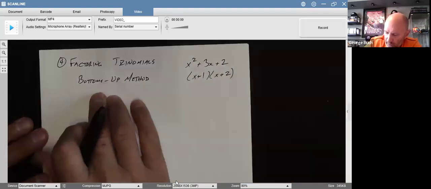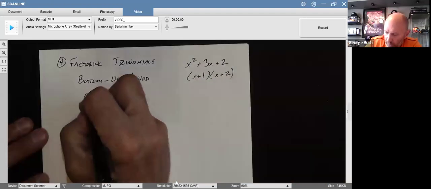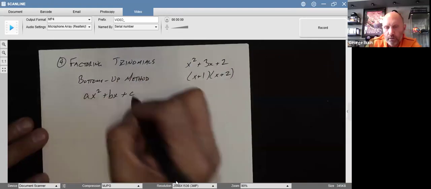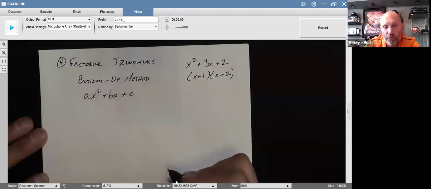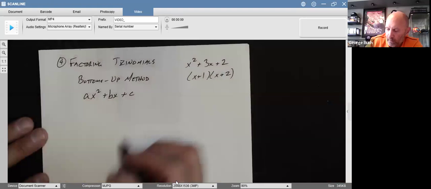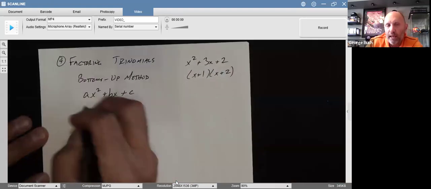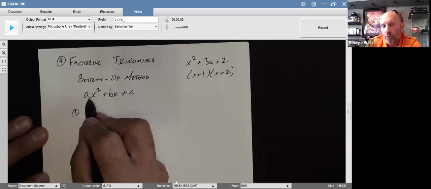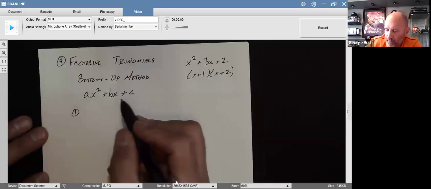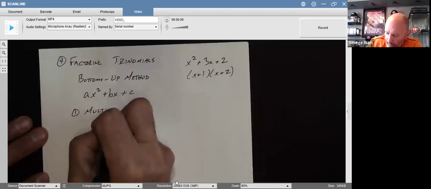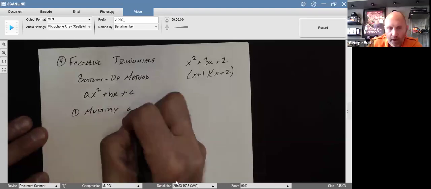So let's say we have ax squared plus bx plus c. So this is what's called a quadratic that we're having to factor. That's this guy here. So the first step that we're going to do here, and we're going to assume that a is not 1. And that's when we'll usually want to use this method. So the first thing we're going to do is multiply a times c.